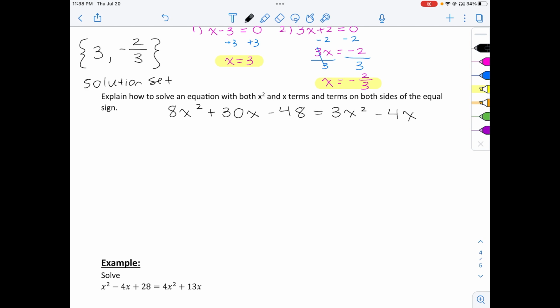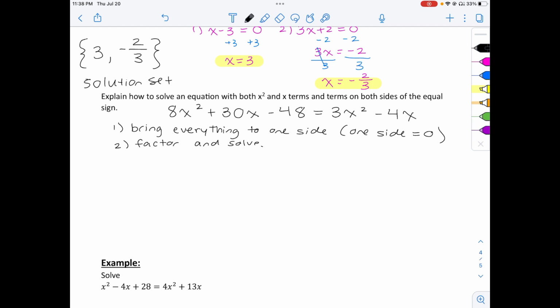Okay, there's a lot going on there, but I have things on both sides of the equal sign. So the first thing I need to do is I need to bring everything to one side, because I need one side to be equal to 0. And then once I've done that, I can factor and solve.